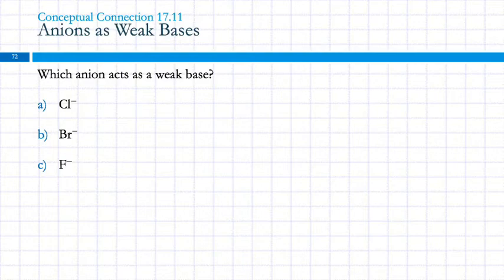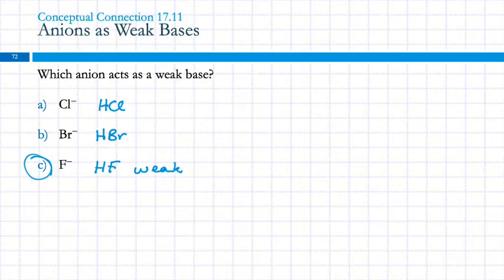C. So why'd you pick that one? Because the other ones with an H in front of it would be a strong acid. Yeah, because HCl is a strong acid, and HBr is a strong acid. HF is a weak acid. Let's just review those strong acids again. You've got HCl, HBr, HI.